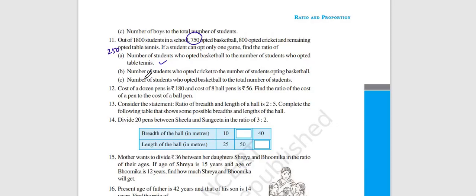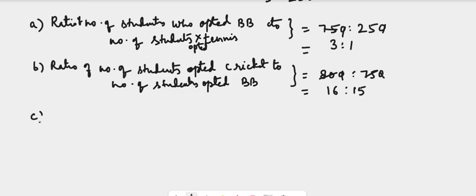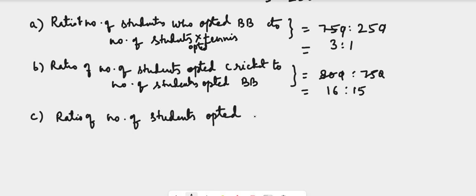Next is C. C is the number of students who opted basketball to total number of students. Ratio of number of students opted basketball to number of total students.